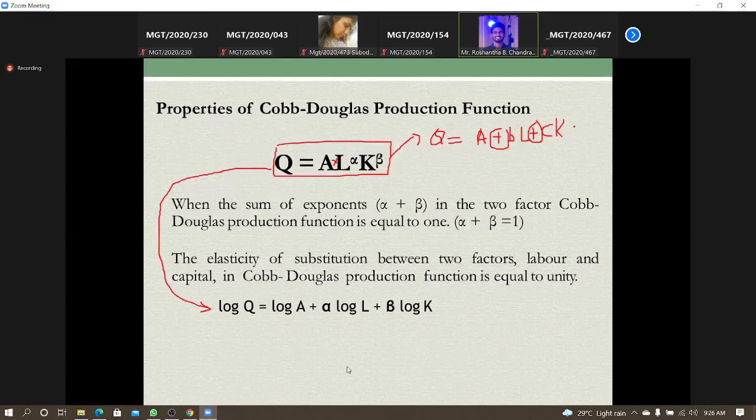This is linear, so you can take it directly, but this is non-linear, so you can't take it directly. So you need to transform it into a log value. You need to take logarithms.